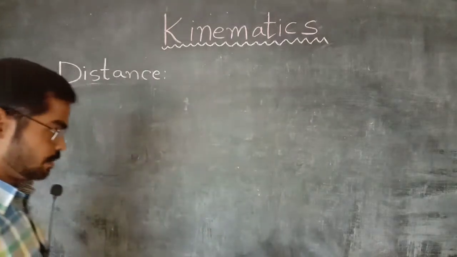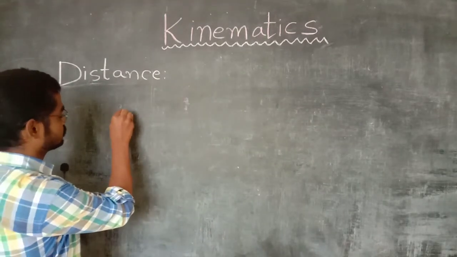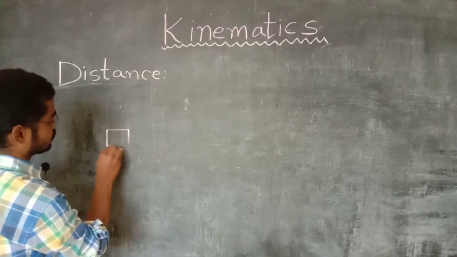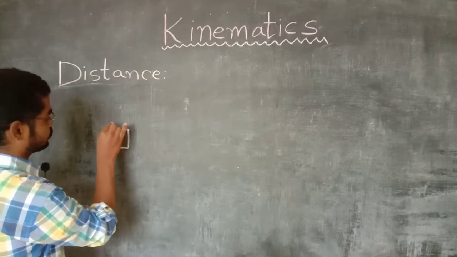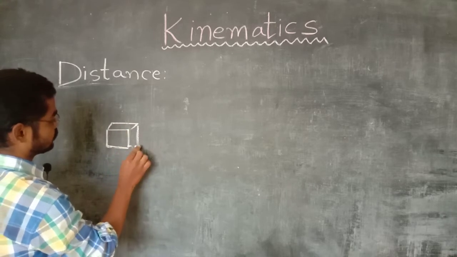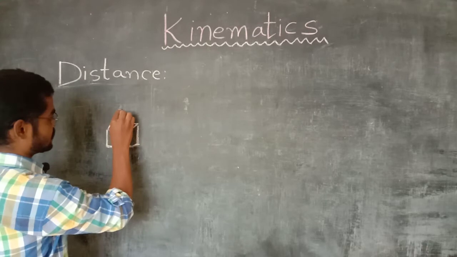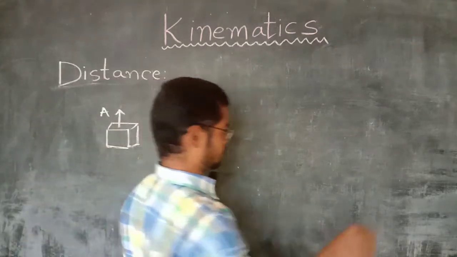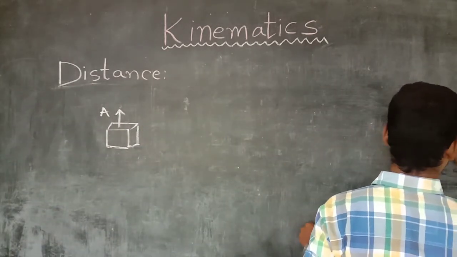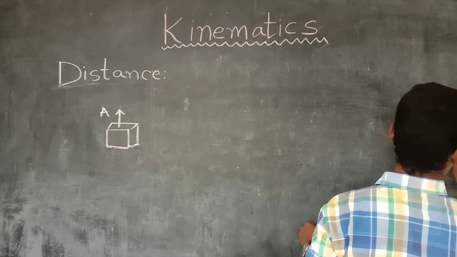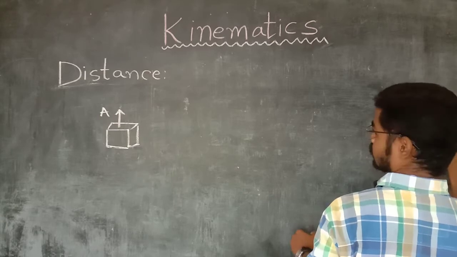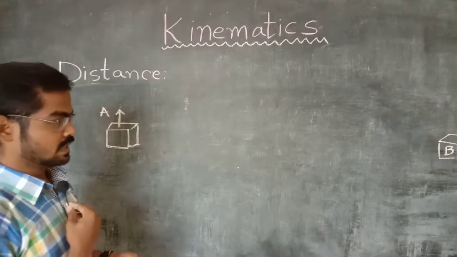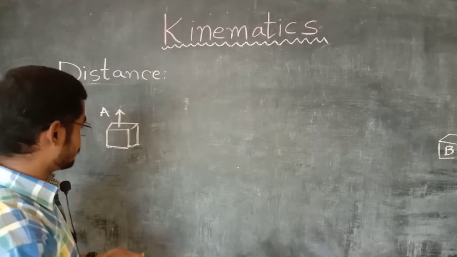So, for example, this is station A, and there is another station, B. To reach from station A to B, I have various paths. I can reach it in this manner.